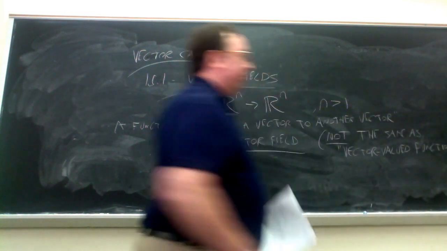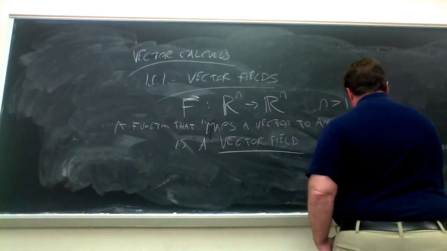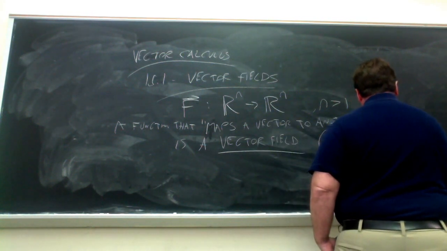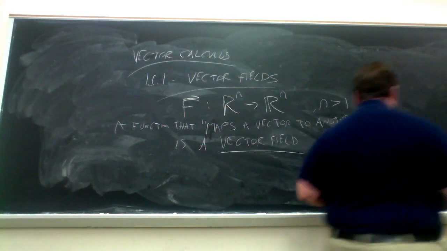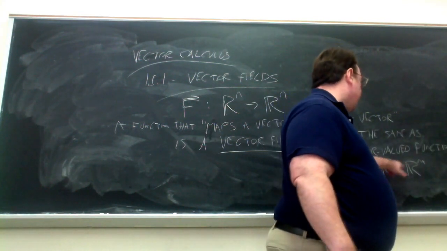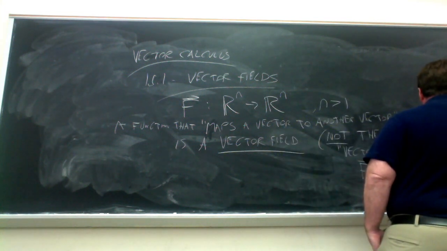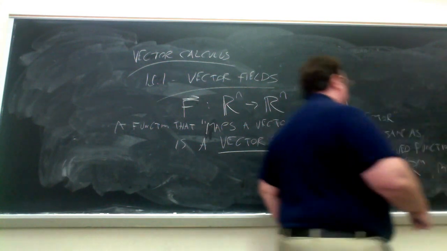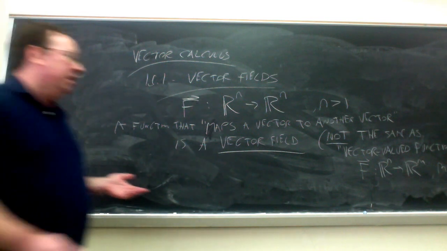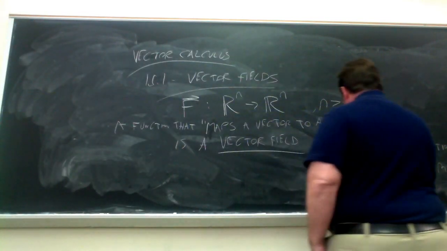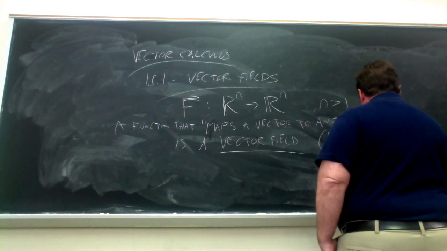So to help you see the distinction, a vector valued function takes in n inputs and gives m outputs, and the number of outputs has to be greater than 1. So in other words, your output is a vector, but the number of inputs does not have to be the same. So an example of a vector valued function might be having only a single input, t.